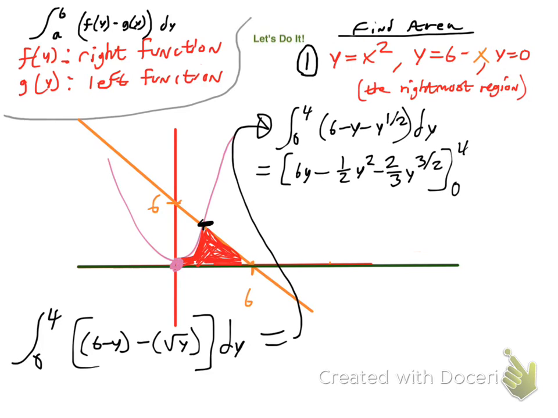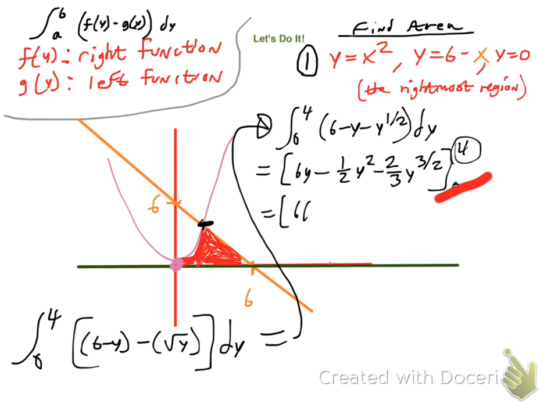Cool. And now when we simplify this, when you plug in 0, everything becomes 0. So you don't even have to worry about that lower limit. All you got to worry about is the upper limit.